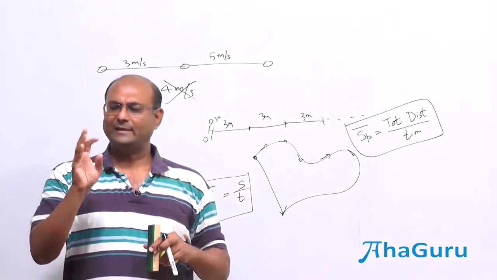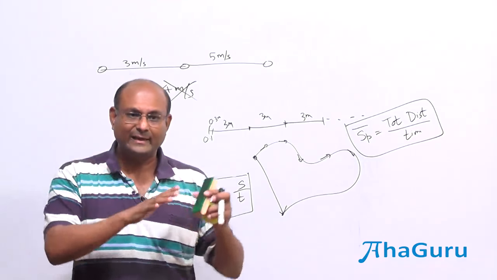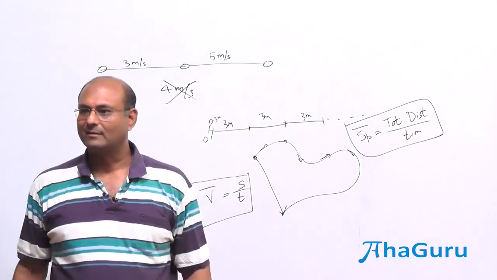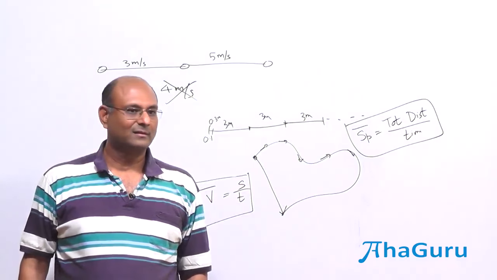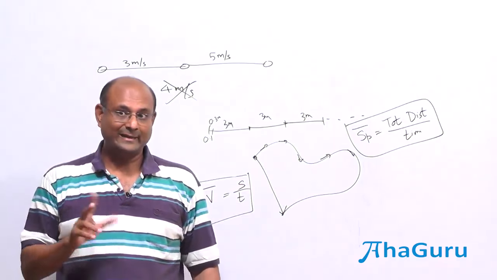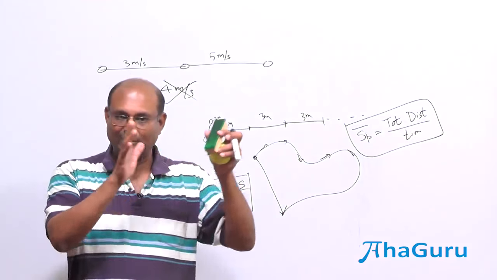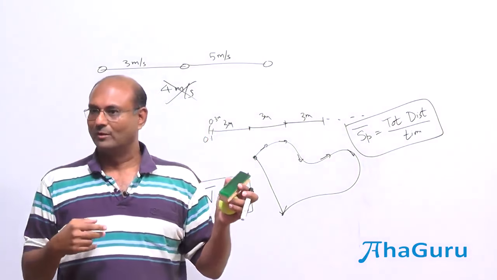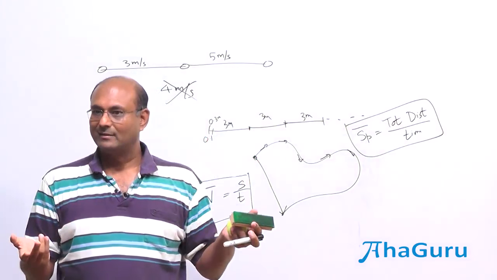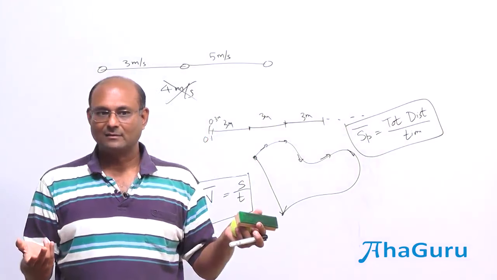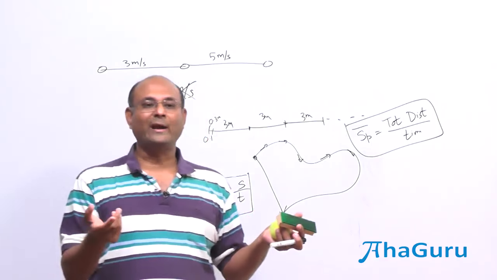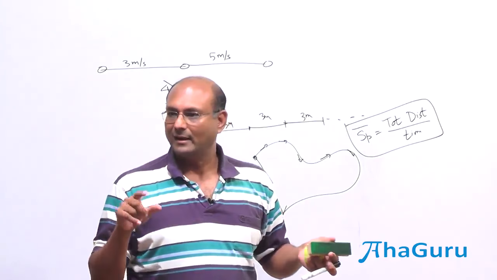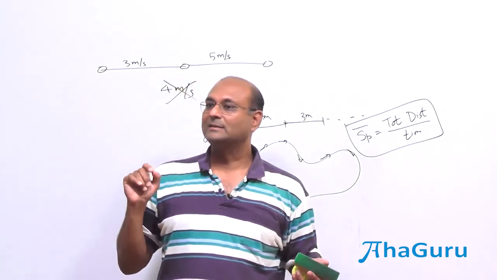What is the average of 3, 3, 3, 3, 3, 3, 3, 99 threes and 1 5? Well, 99 threes plus 1 5 is 99 into 3 plus 5, which is 100 into 3 plus 2, 302 by 100. So how much is it? 302 by 100, which is 3.02.